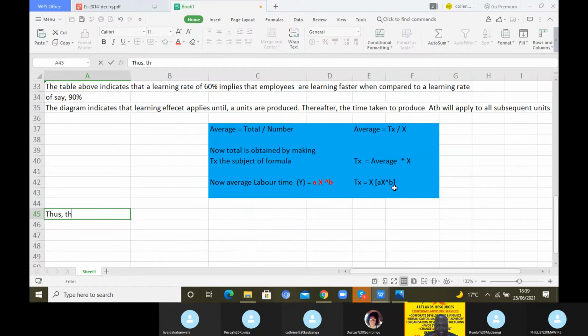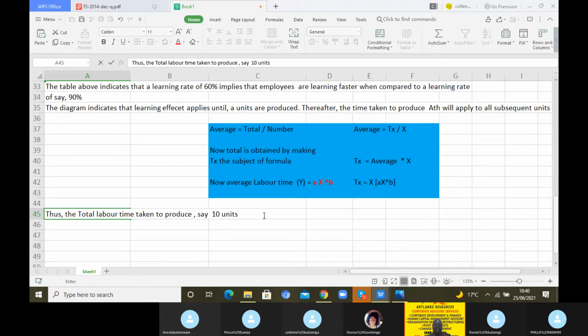So you now say, the total labor time taken to produce, let's say, 10 units. Instead of saying X, we are now saying 10.